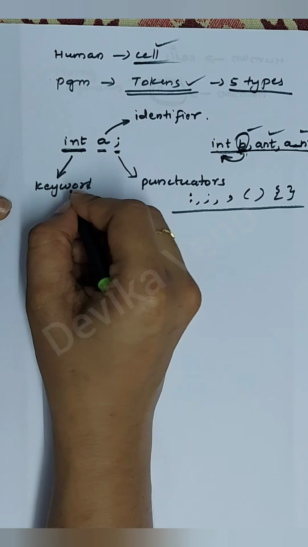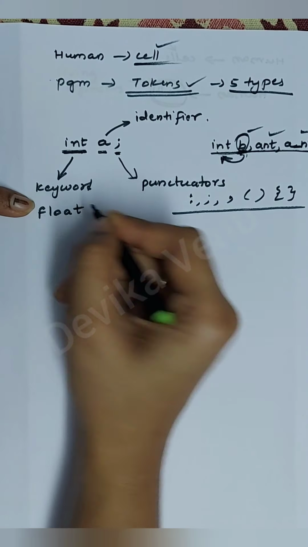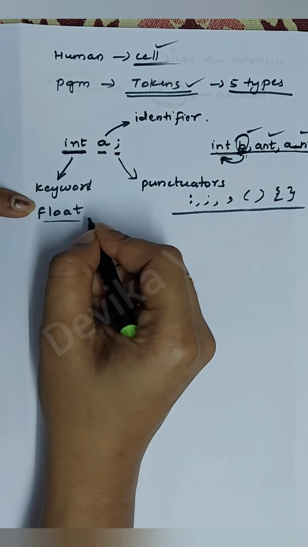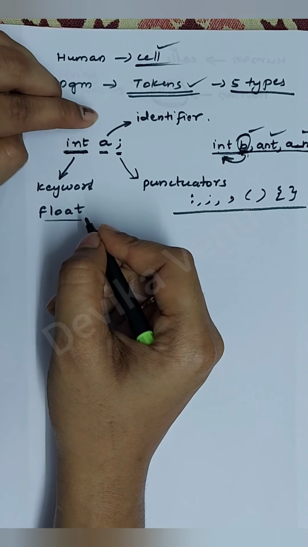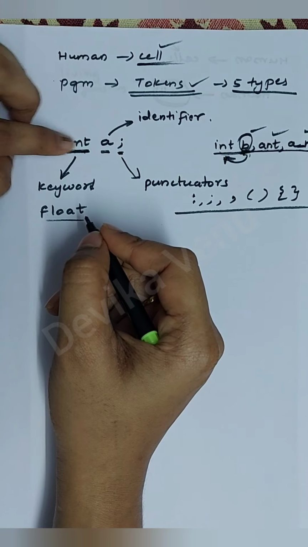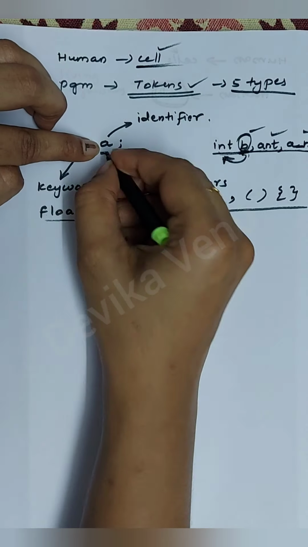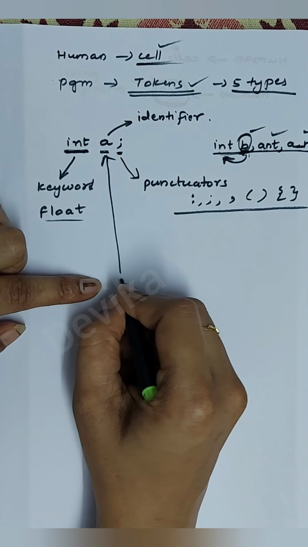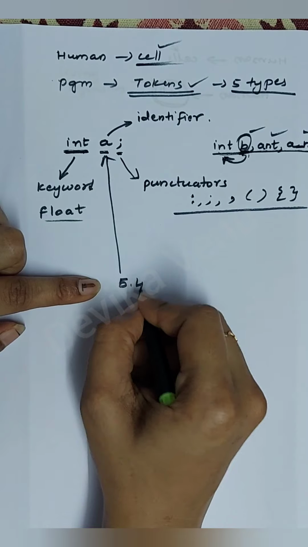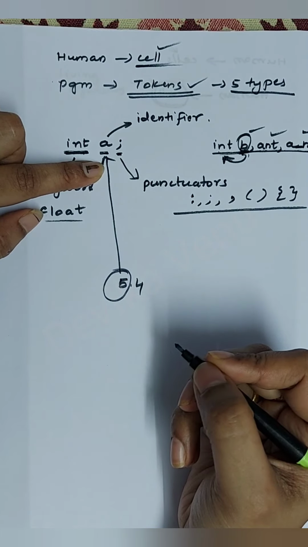And keywords, one example is int, another one is float. Float means you can save decimal numbers also in this particular variable. So in the integer, this a is an integer type variable, which means that a can save only integer values. If I write a as 5.4, it only saves this 5. Why?